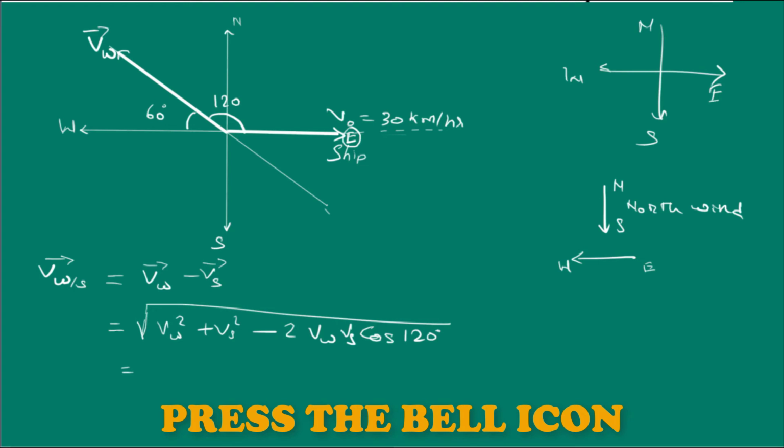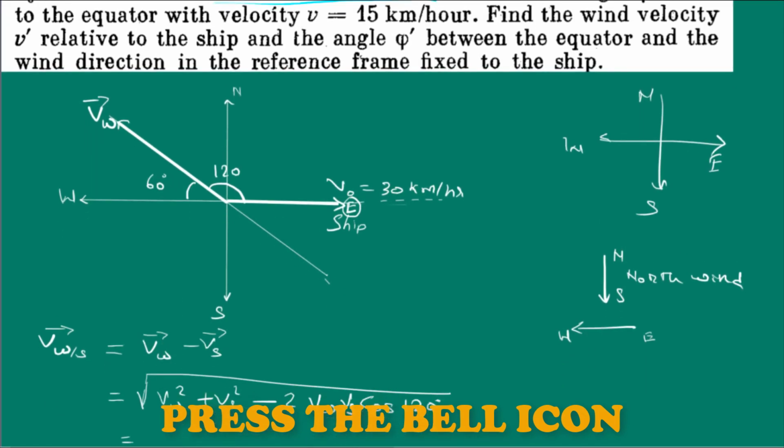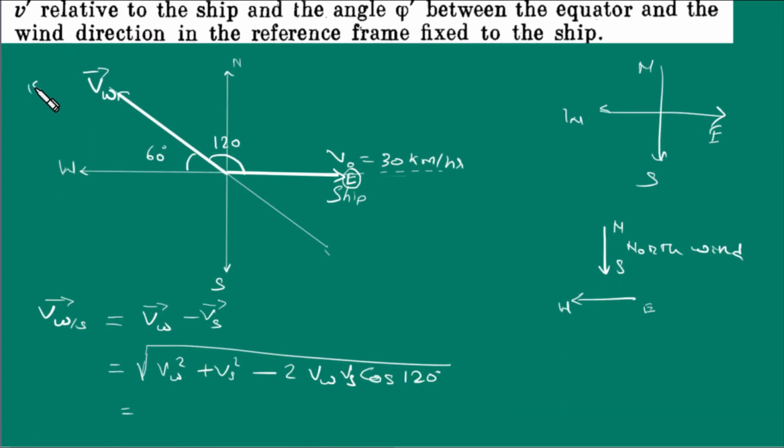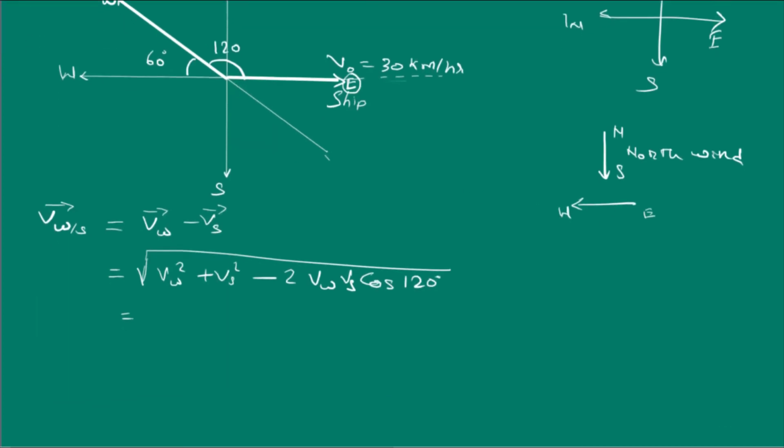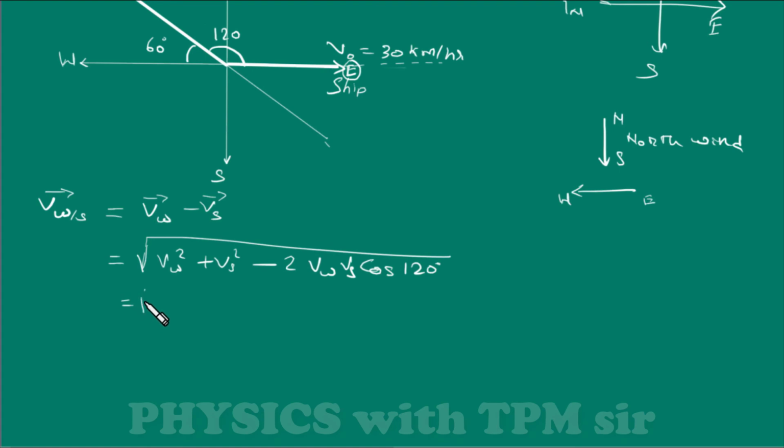And now let's put values. What is the speed of wind? This is 15 kilometer per hour. So let's put values, and it is solved now. Let's say 15 square plus 30 square minus 2 into 15 into 30 into minus half, because this is cos 120.